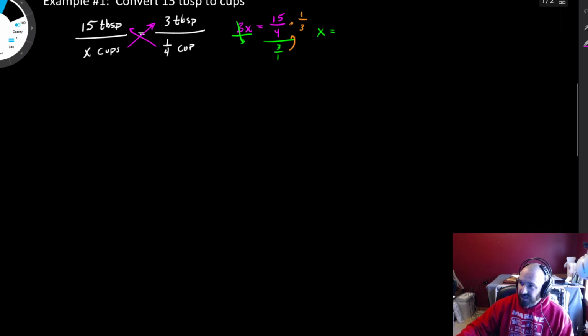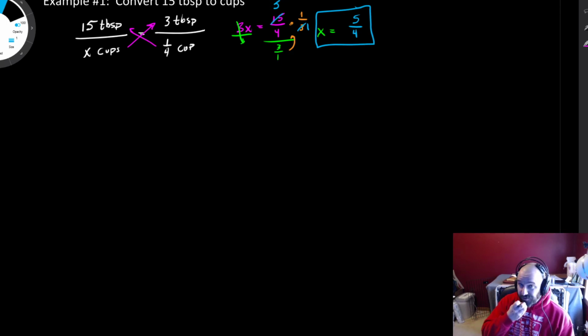Some people will notice cross cancel, some people just know it as reduction. I can reduce before I multiply. So if I divide both 3 and 15 by 3, I get 5 here and a 1 here. So this is going to give me 5 times 1 is 5, 4 times 1 is 4, and so I get 5 quarters.